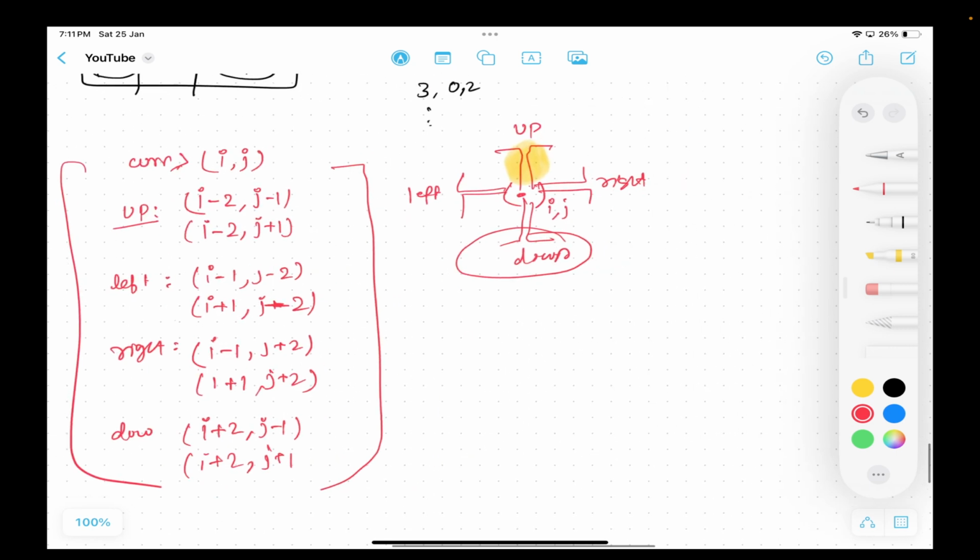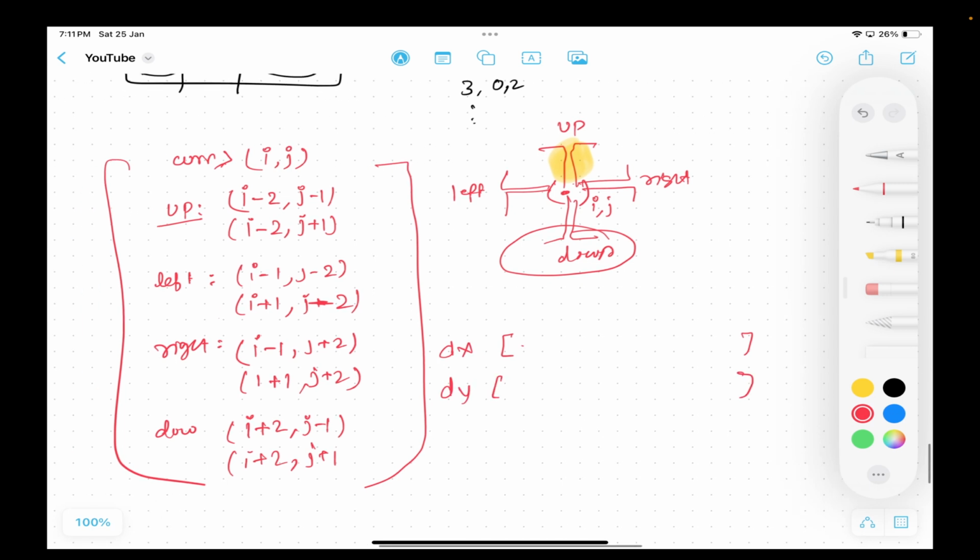So what we will do is create a dx array and a dy array, and it will be like -2, -2, -1, -1, +1, +1, +2, +2. Similarly for J: -1, +1, -2, +2, -2, +2, -1, +1.